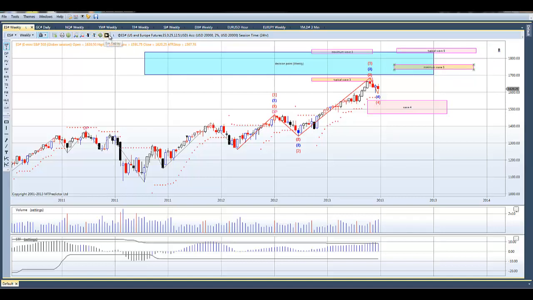Let's see, where's the crosshairs here? That will come in right about 1737, 1735 area, the minimum wave 5. So we'll see if it makes one last run up there before it actually truly corrects.